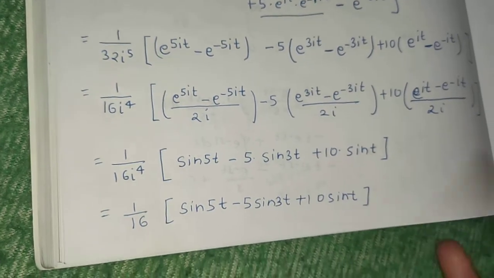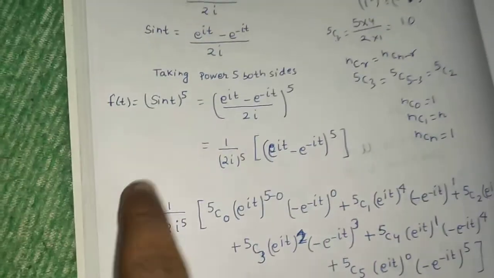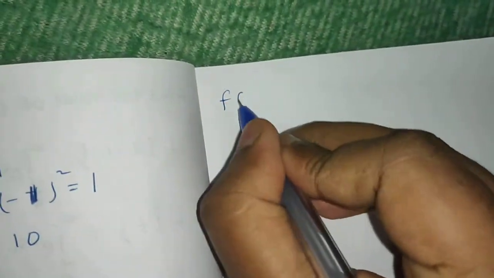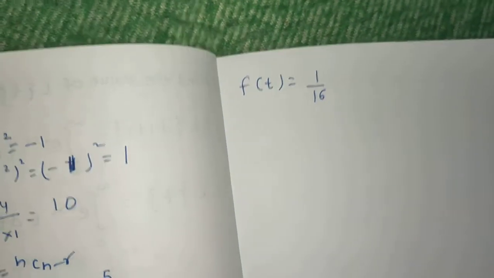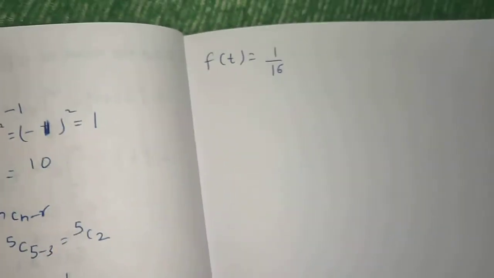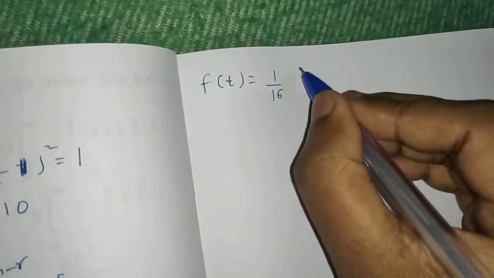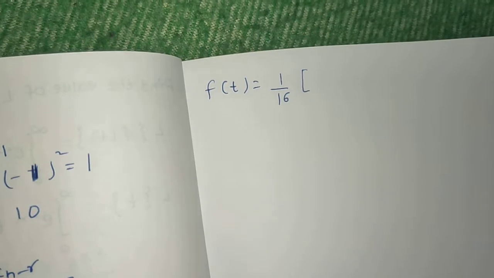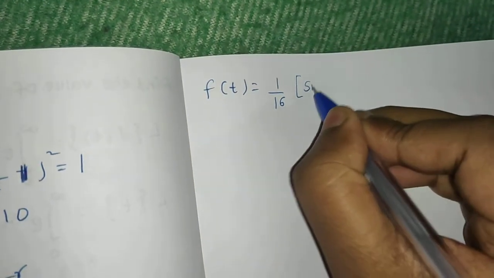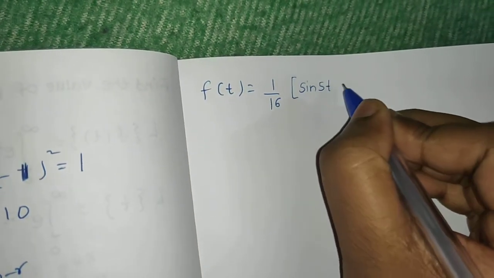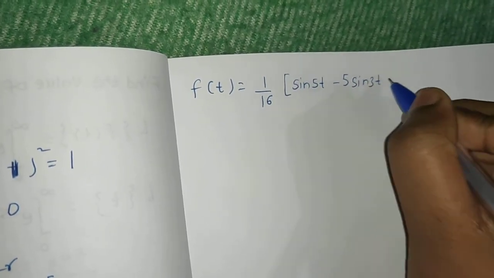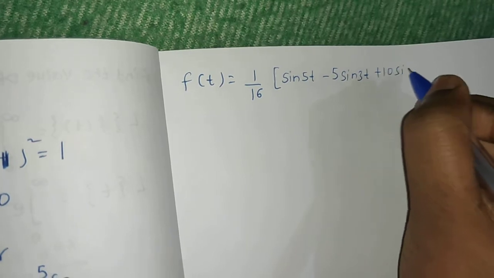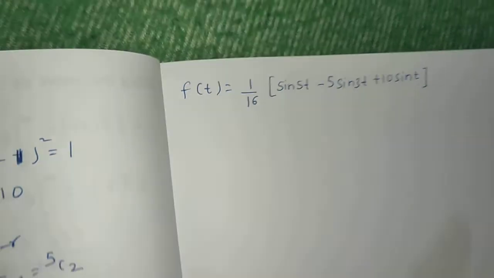Okay, fine. Now this whole thing, what was this? f of t. So I have got f of t equals 1 upon 16, and inside the bracket I have sin 5t minus 5 sin 3t plus 10 sin t. Fine.